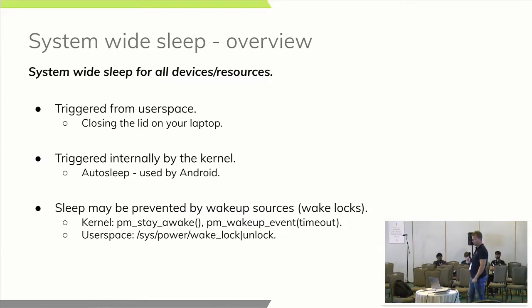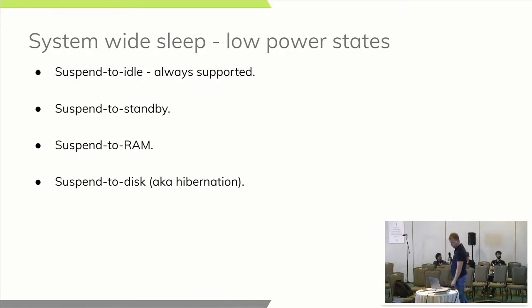You can do that internally in the kernel, and there's also a mechanism to prevent this from happening. In an Android case, for example, they use these wake locks to prevent the whole system from going into sleep mode. So that's one of those frameworks.